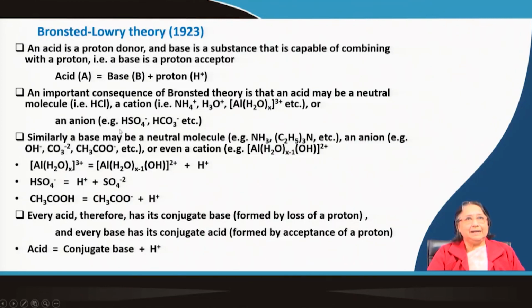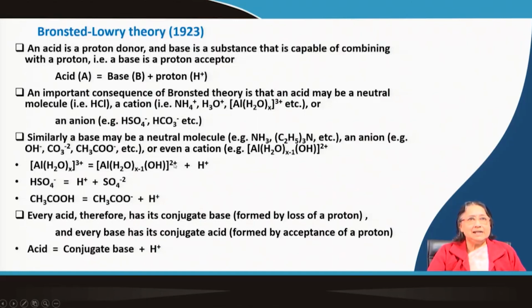Why? Because bisulfate can give a proton, bicarbonate can give a proton, so it is an acid. Ammonium ion can give a proton, hydronium ion can give a proton, so it is an acid.